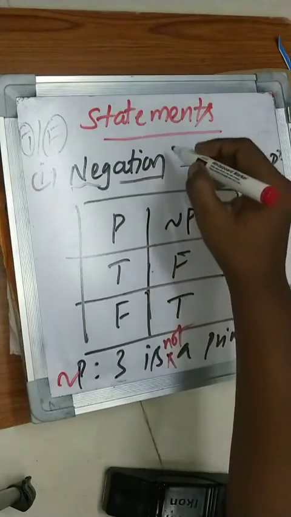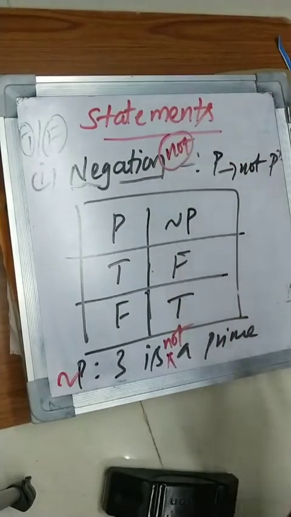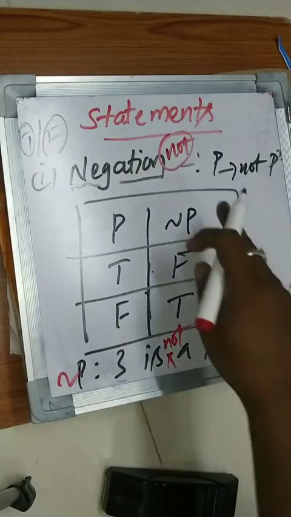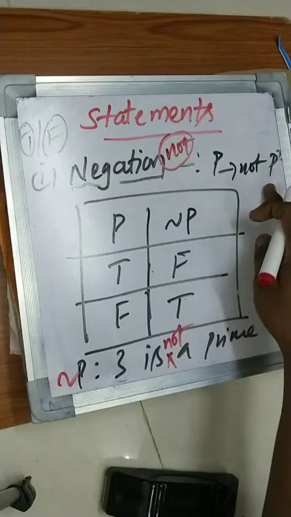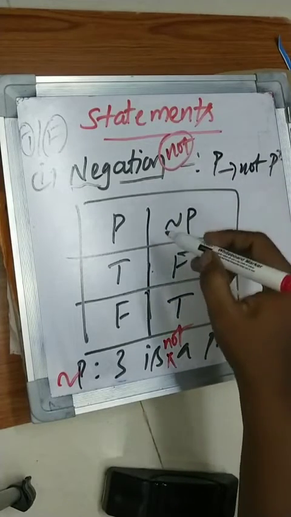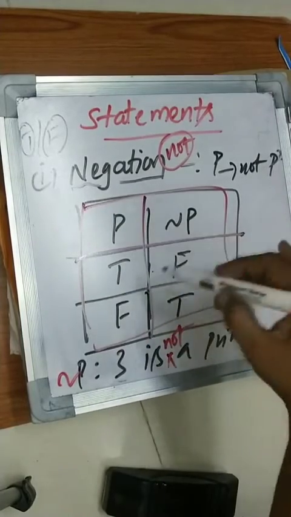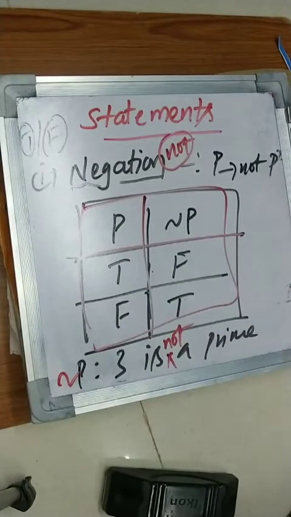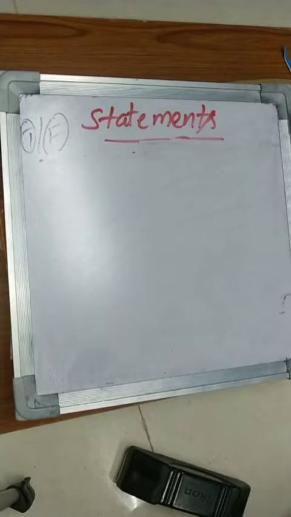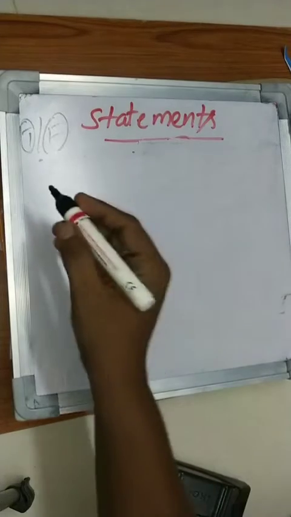So negation means it will be having the negative connective 'not'. If p is a statement, then its negation will be not p, and its symbolic form is this, and it is the truth table of negation. Clear? So let's go to the next connective. The next connective is disjunction.